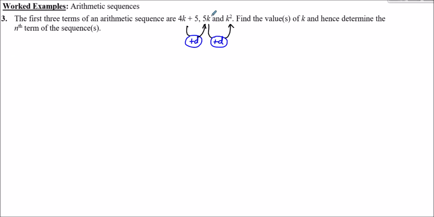So therefore, the difference between 5k and 4k plus 5, to look at the difference, it's one subtract the other. So 5k minus (4k plus 5) must be the same difference as the difference between k squared and 5k.